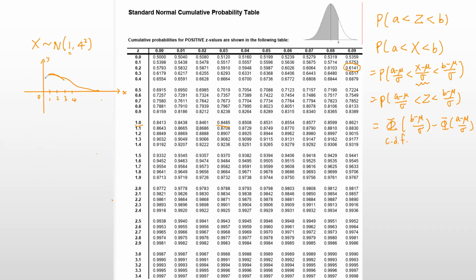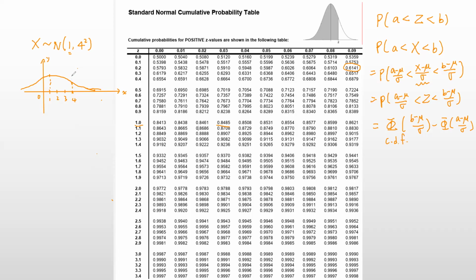By the way, the curve has an inflection point at its standard deviation. It's a bell-shaped curve. This is our mean, and the inflection point is at this point.